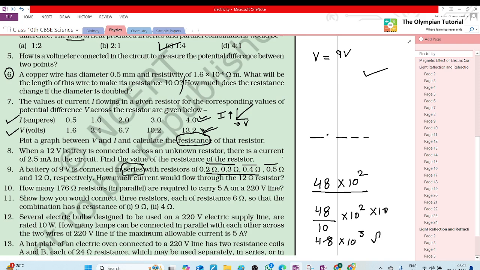But ma'am, we have to find for the 12 ohm resistor. But these all are connected in series and they are asking about the current. Current will be the same in all. So we need to take V as 9 and R as 13.4, because the current will remain the same in all.